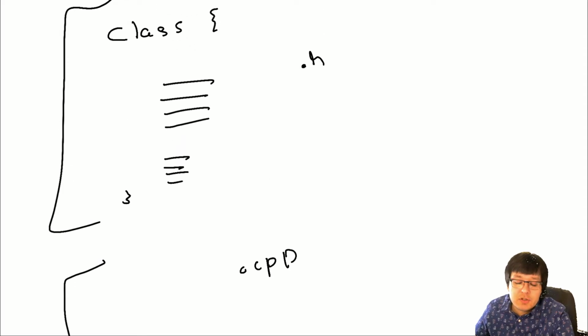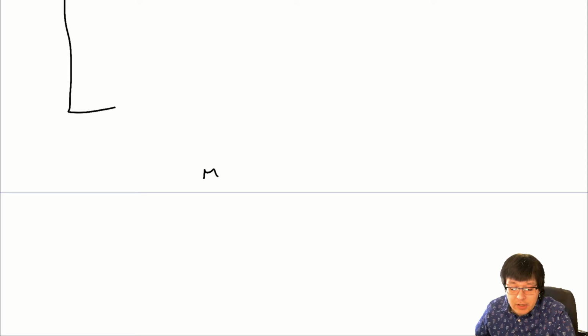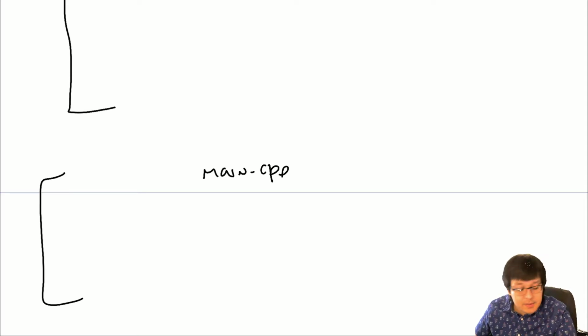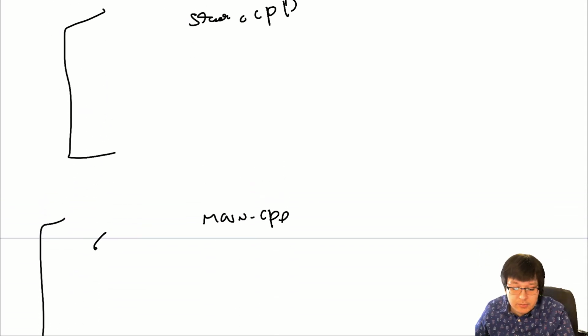By convention, if the class is stack, you can call these stack.h and stack.cpp. From there, you probably will also have a main.cpp, and there you would have the actual function calls and declaring an object of the class that you just made. So that's kind of the three-file setup.